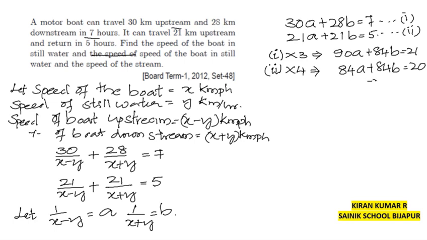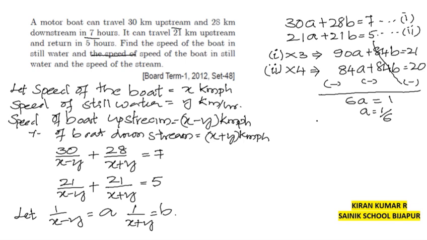Let us subtract the second equation from the first equation. I'll eliminate b. So on simplification, we get 6a equal to 1 and the value of a is 1 by 6. Let me find the value of b.